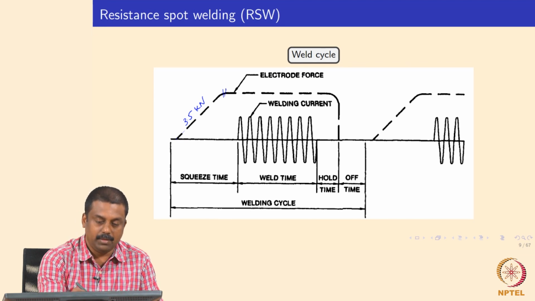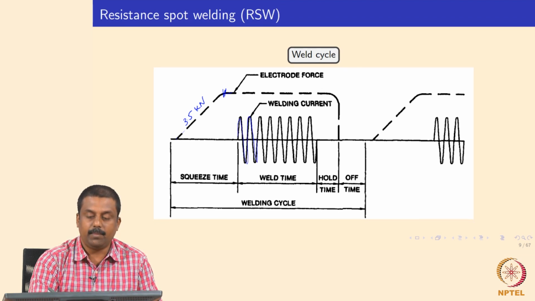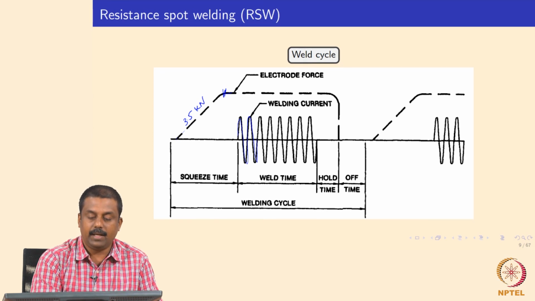The moment you apply a load, there is the current. As I said, we apply an alternating current over a period which is known as the weld time, in the previous case 5.5 kiloamperes. Then we hold it for some time so that the weld nugget solidifies, and during the passage of this welding current we form a weld nugget by melting the interface.